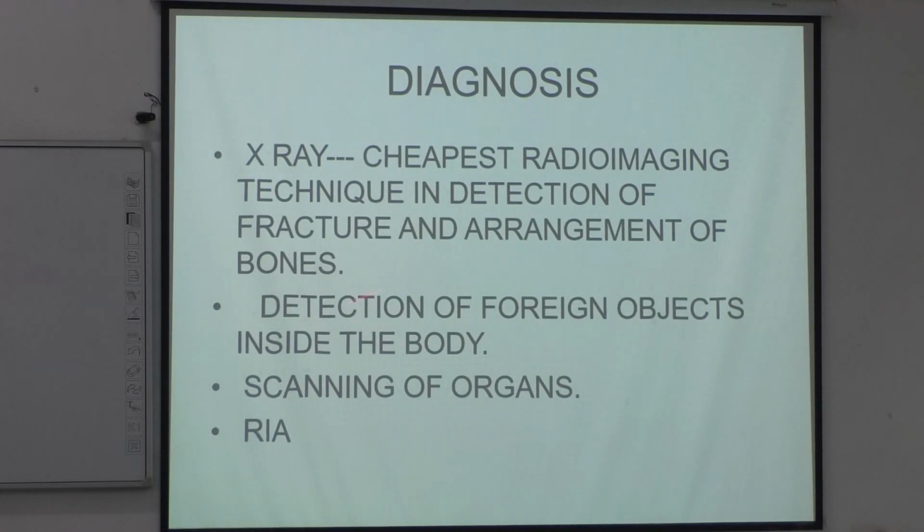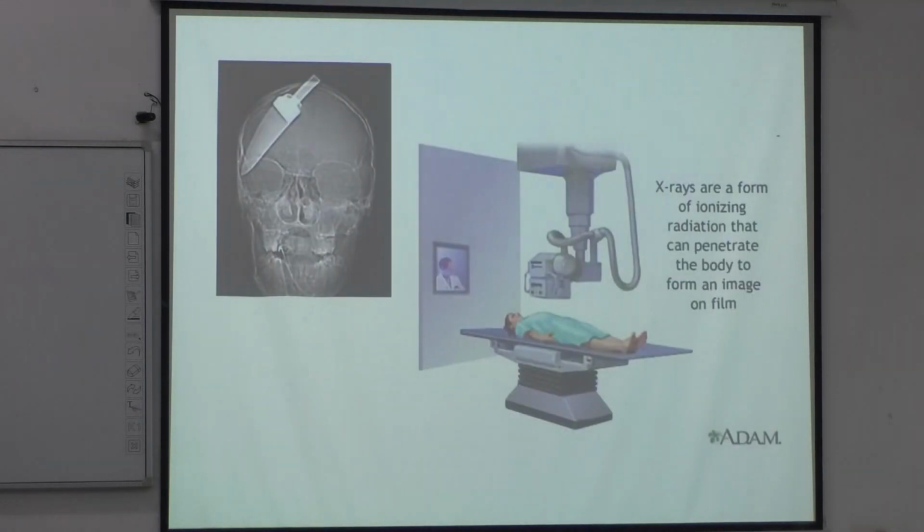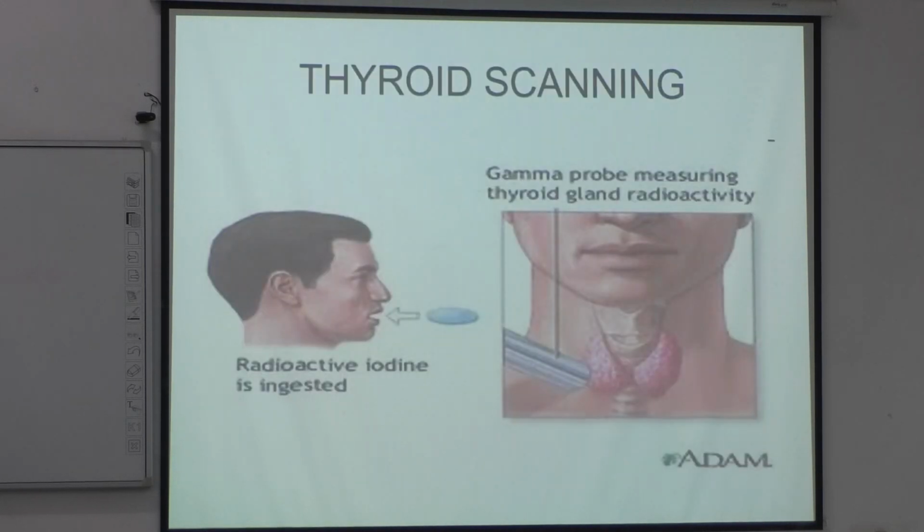Right? Scanning of organ and what is this? Radioimmunoassay. Nowadays it is obsolete, not used anymore. But scanning of organ is used. See? They are doing X-ray. They are doing a scan. What is given? A radioactive iodine dose has been given to the patient. Now it is known that iodine content is highest in the active thyroid gland.